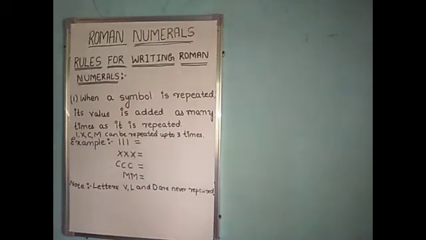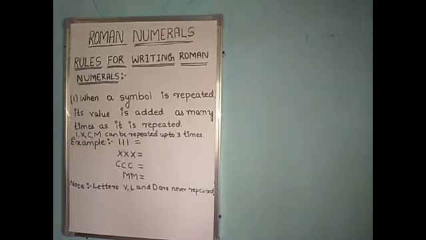For example, here how many times is I repeated? 3 times. When a symbol is repeated, its value is added as many times as it is repeated. So, here we have to add the numeric value of I 3 times.